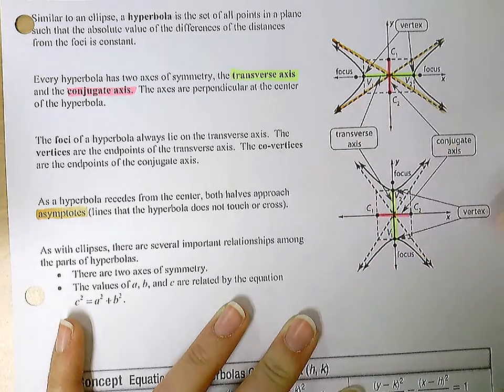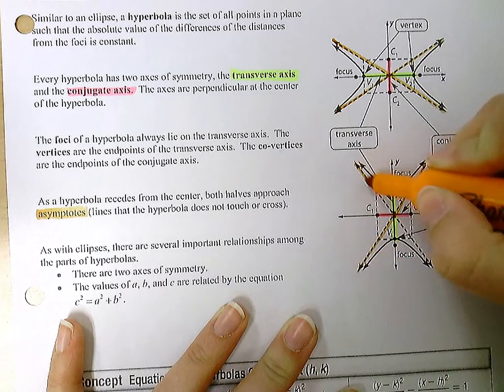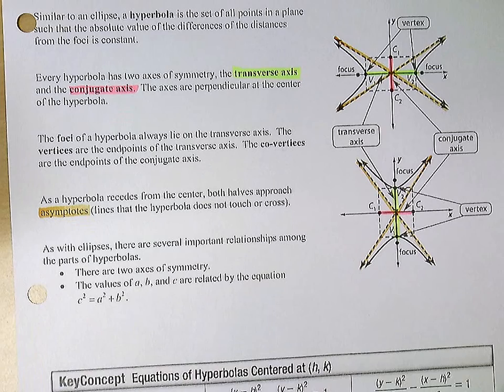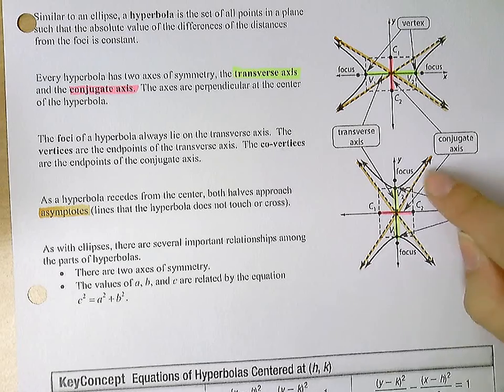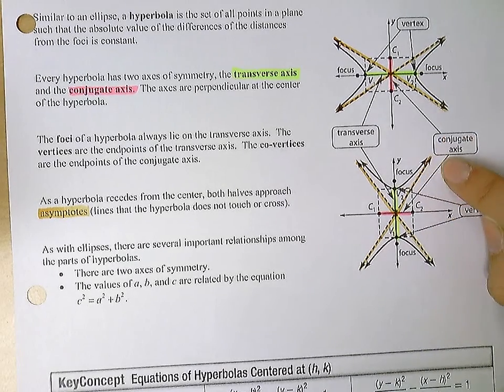It will never intersect those dashed lines. Even if it continues on, it'll get closer to those asymptotes, but it'll never go over them. An asymptote is where any graph, if it has an asymptote, will never cross over it. It'll get closer and closer, but never go over it.